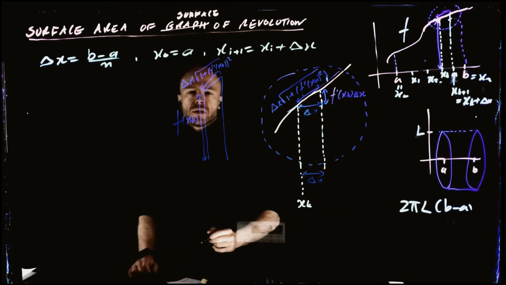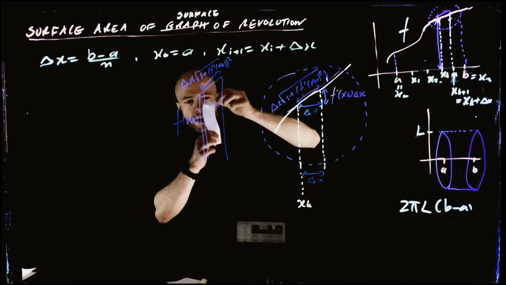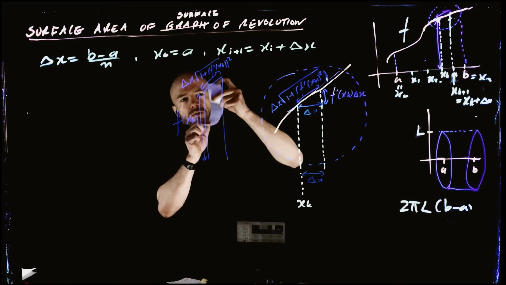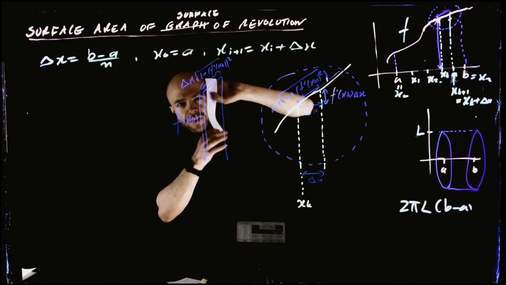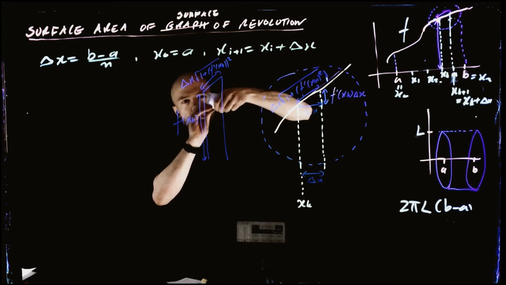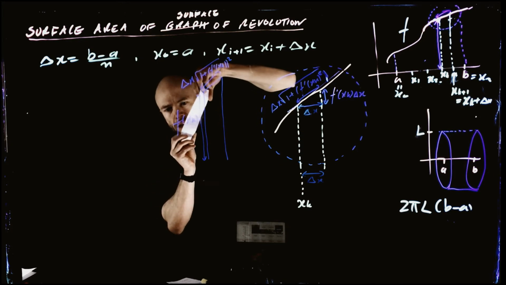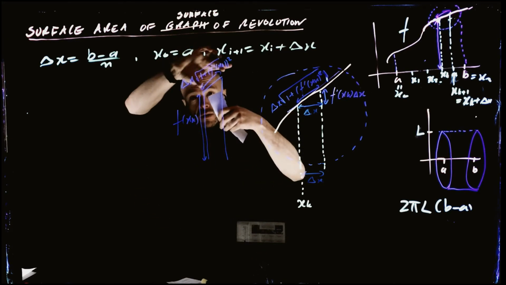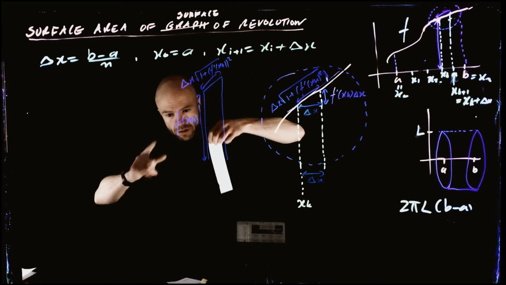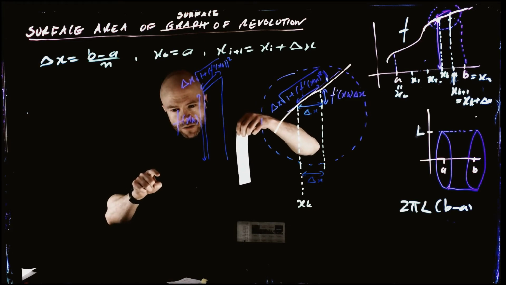And then if we unwrap it, try to imagine this not being flat on the top. We take this cylindrical strip and unwrap it, right? Then this thickness here corresponds to this, and this length here corresponds to unwrapping this circular base, and it'll just be 2 pi times f of xk.